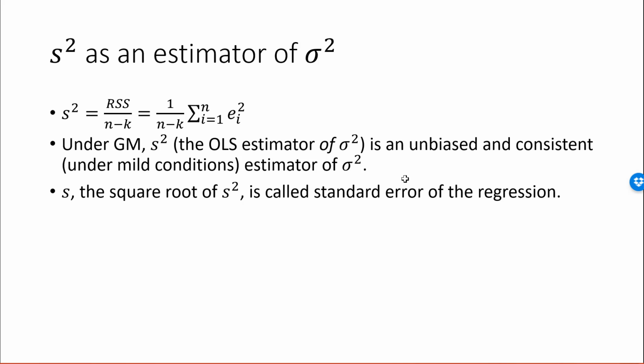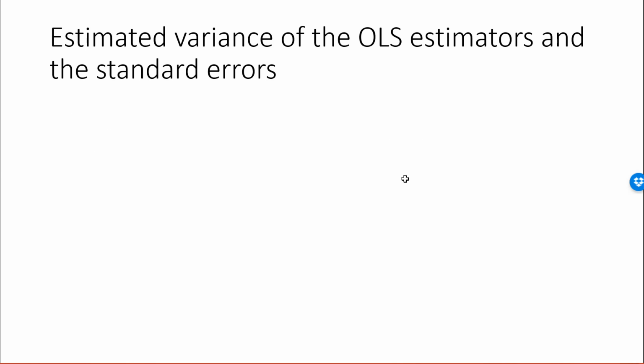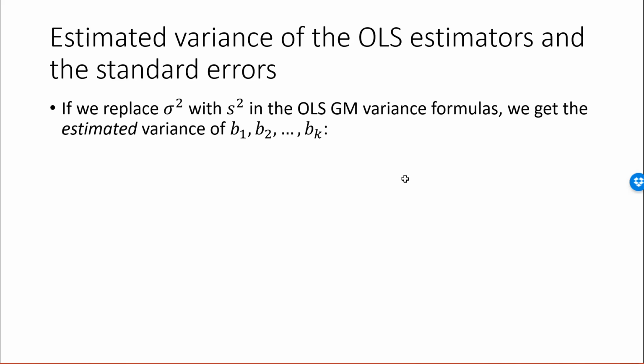So now that we have an estimator of sigma square, we can use that s square in this formula for the variance of bj. And if we do that, we get what we then call the estimated variance of the OLS estimators. So if we replace sigma square with s square in this hidden OLS Gauss-Markov variance formula that I haven't really given you, we get estimated variances.